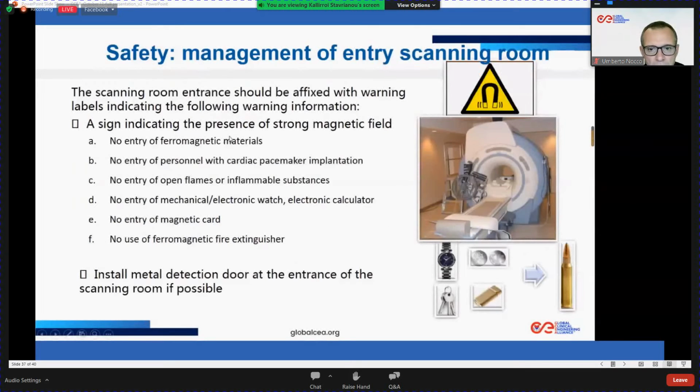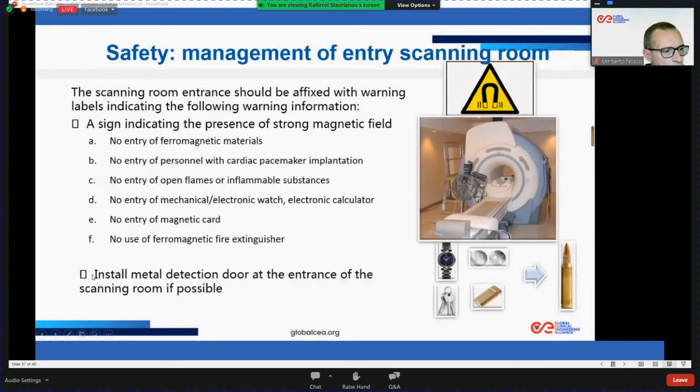And also the safety management of the entry to scanning. The scan room entry should be fitted with a warning label. The label indicates the presence of a strong magnetic field, no entry of ferromagnetic material, personnel with cardiac pacemakers, open flames, and also magnetic cards, ferromagnetic fire extinguishers.